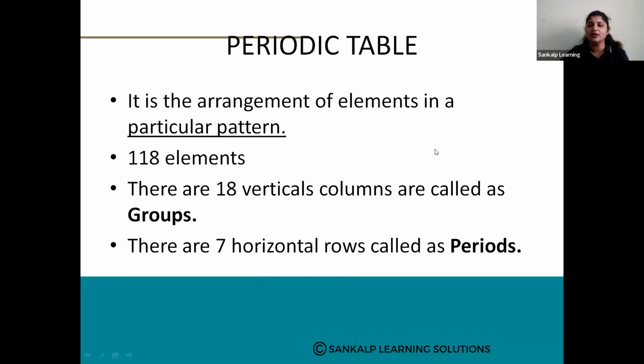I had asked about metalloids. What do you mean by metalloids?